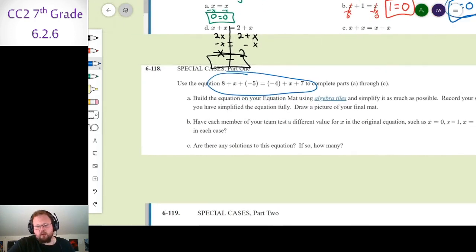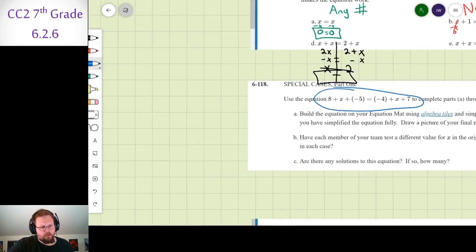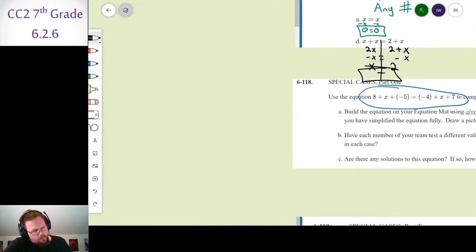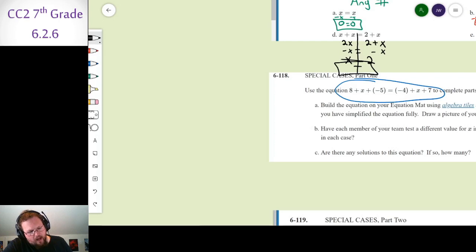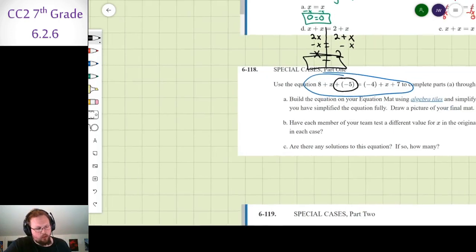It does say to build the equation on the equation mat with algebra tiles. I would rather you do this with just an expression, so I'm going to rewrite it. Again, if you have a positive and a negative together, I like to make that just a negative 5. I've found that it makes it easier to see and work with.